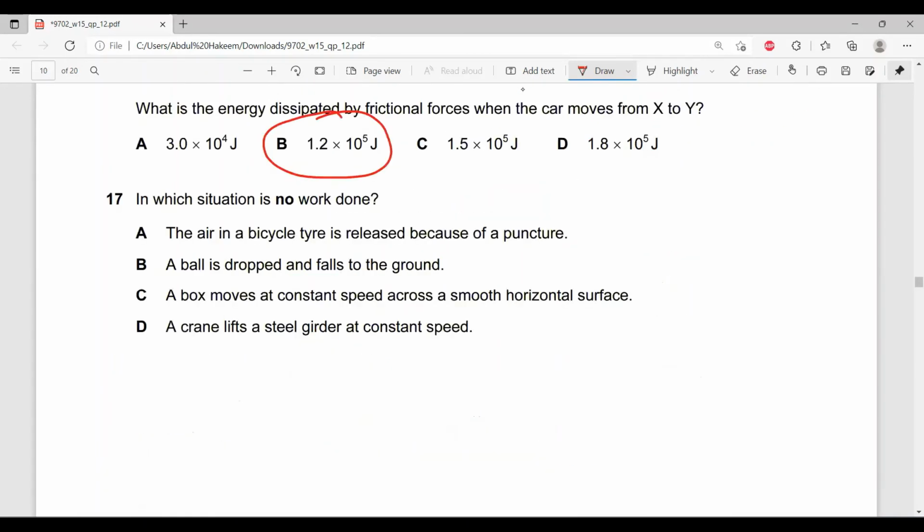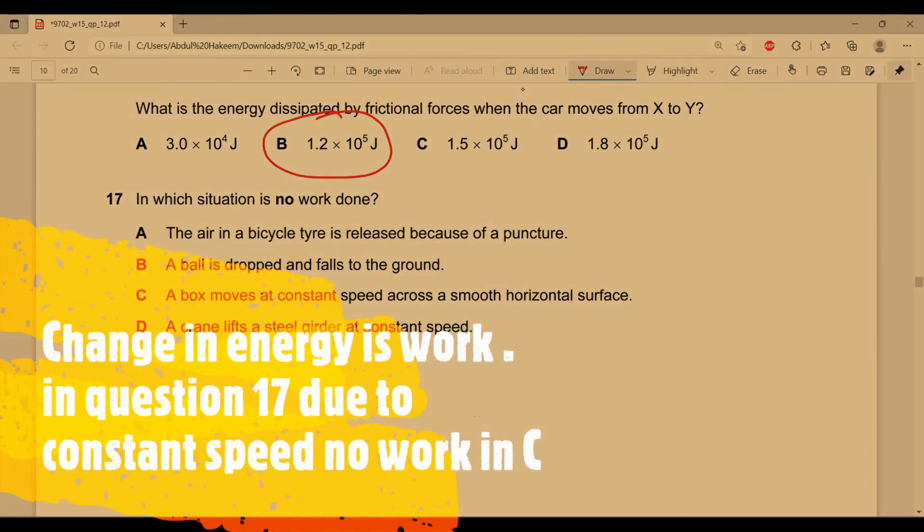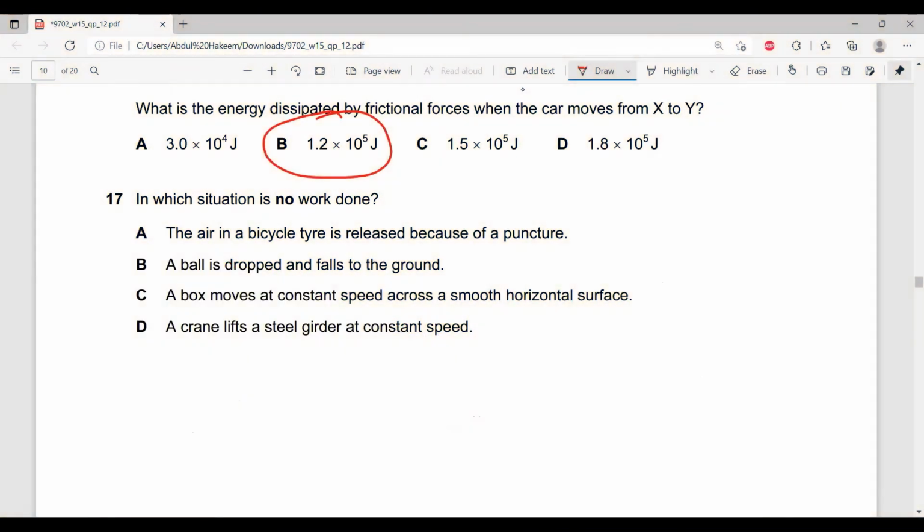Next, 17. In which situation is no work done? Air in the bicycle tire is released because of the puncture, work is done. The ball is dropped, work is done. A box moves at a constant speed across the smooth horizontal surface. A crane lifts a steel girder at the constant speed.